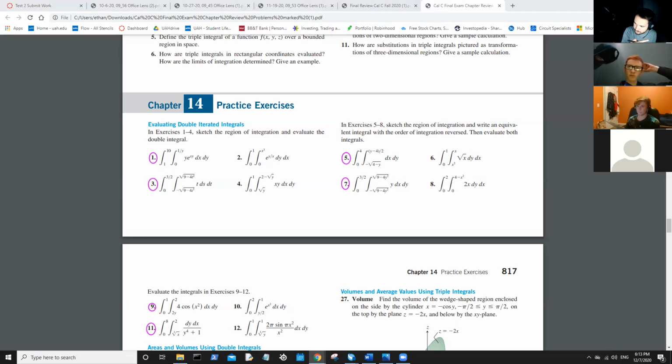So in the original one, the inside one takes it left to right, and then the outside one takes it bottom to top. Then you just take the first two equations, rearrange them and set them equal to y, and find the intersection points, which is going to be -2.